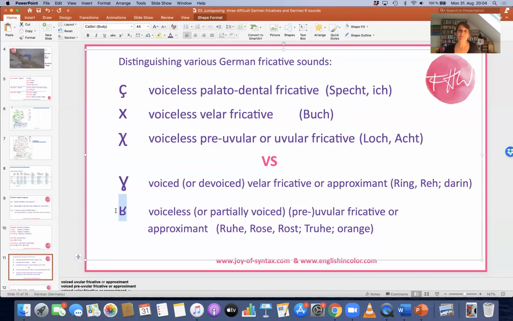But of course, as I discuss in the second R video, the letter R can represent either a fricative or an approximant. Approximants are voiced, but fricatives can be voiceless or voiced. And we find both voiced and voiceless fricatives and approximants when the letter R occurs. So I'll give you examples.